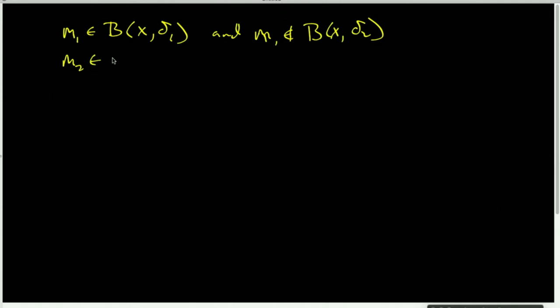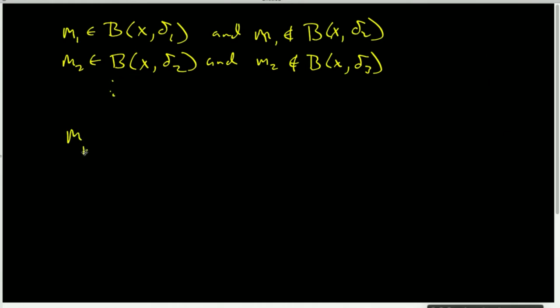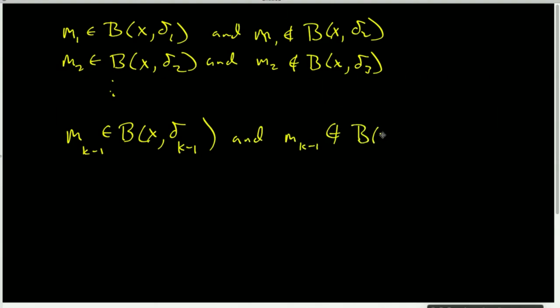And M2 belongs to the second delta ball, and M2 does not belong to the third delta ball. And this continues until we get to the second to last, Mk minus 1, which belongs to the delta ball with radius delta k minus 1, but does not belong to the last of our delta balls. And finally, we know that Mk belongs to the last, the smallest of the delta balls.